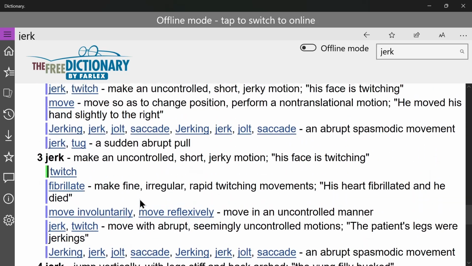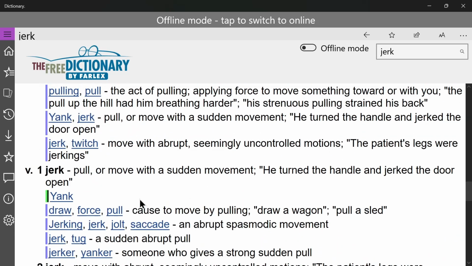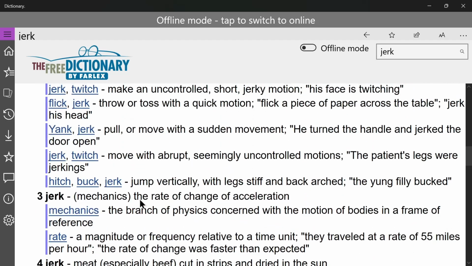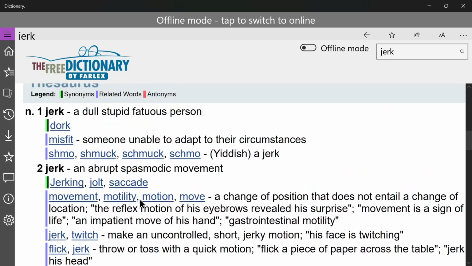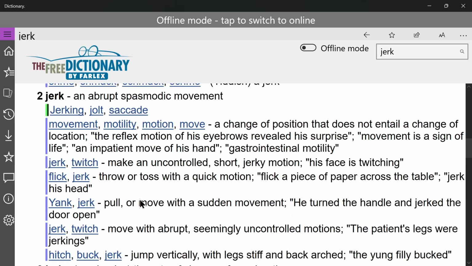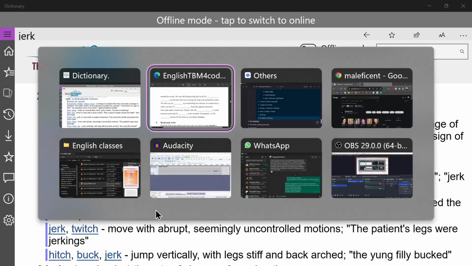I don't see that verb over here. It was a verb, I think it starts with S. To jerk. I don't remember the verb. It's different.